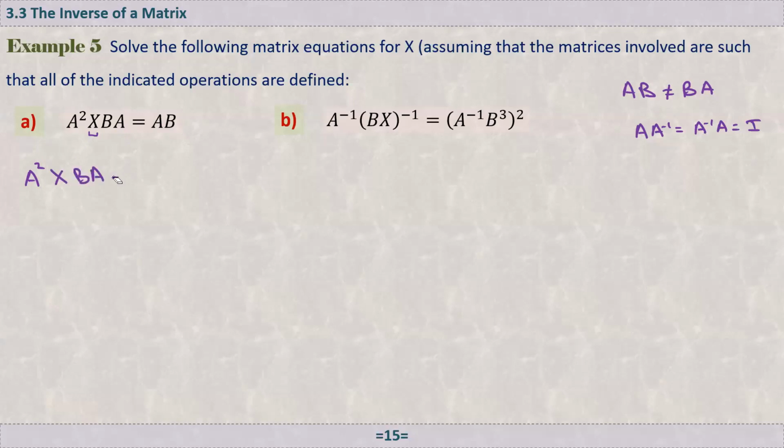Sorry, also I need to multiply by A inverse because I'm eliminating A. So here we have AB. Since I multiplied on the right, I also need to write A inverse here.